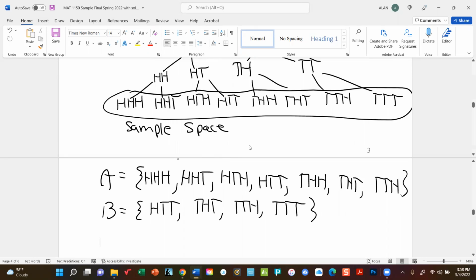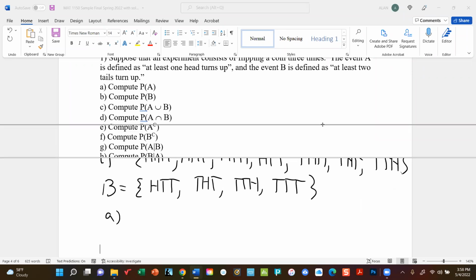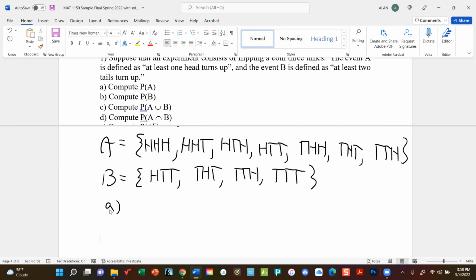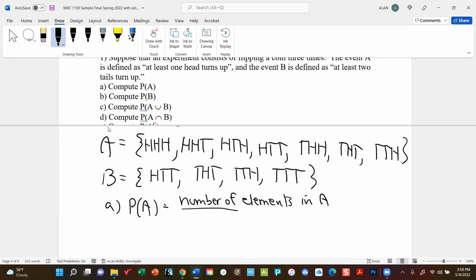Now, once you've established that, you can answer any of these questions. So for example, the probability of A: because we have 8 equally likely outcomes in the sample space, it's a very simple matter of just counting up how many elements are in A, over the number of elements in the entire sample space, which is 7 out of 8.